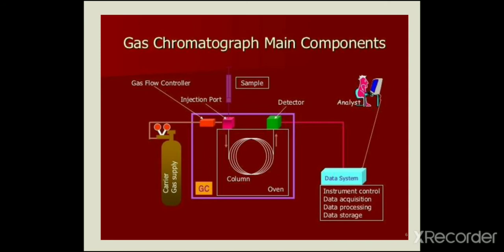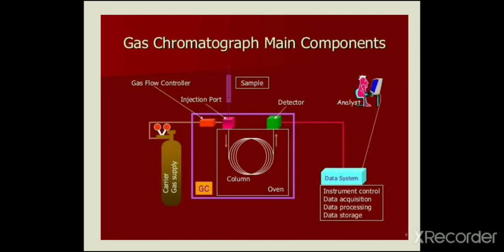Here you can see the cylinder into which the carrier gas has to be supplied to the instrument. The carrier gas should be an inert gas, that means it should not react with our sample. Next you can see the gas flow controller, from which we can control how much gas should be passed from the cylinder.